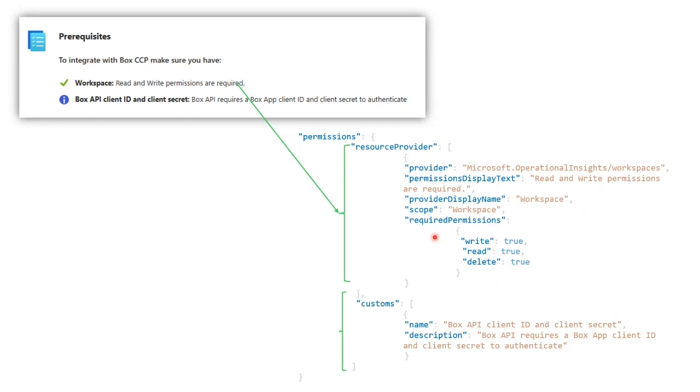And if for whatever reason I don't have all these permissions, I will see here a red cross, a red X, telling me that I don't have the required permissions to do this. And then I also define any custom things that I need. In this case, I need a Box API client and client secret and the enterprise ID, right? So I define that as a custom type of requirement or prerequisite, so the customer can see that.